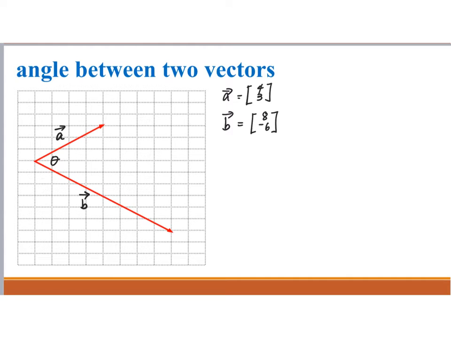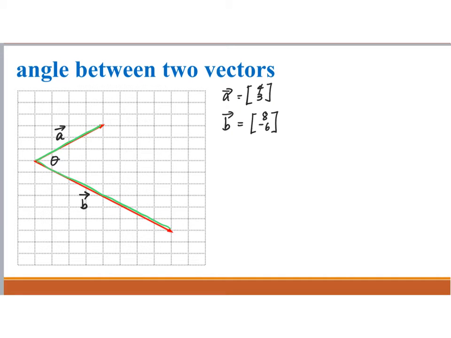Well, first, because we are given the components of the vectors, we have the information needed to get their magnitudes, meaning to say that we have the information to get this length. We also have the information to get this length.